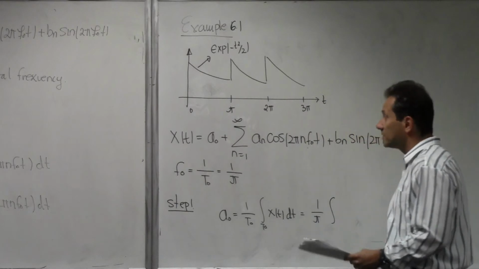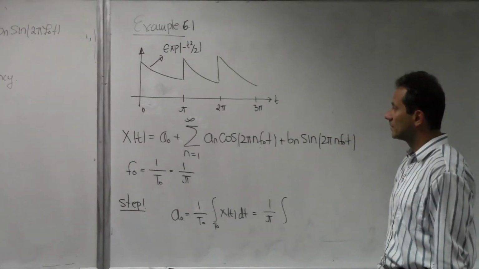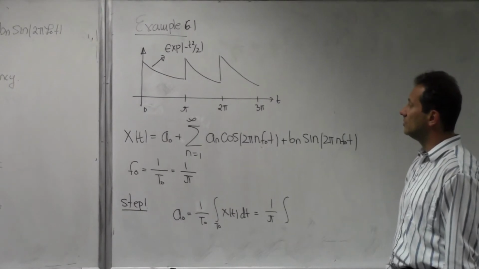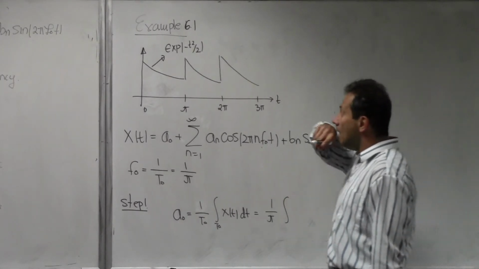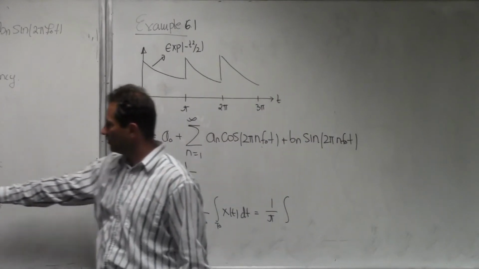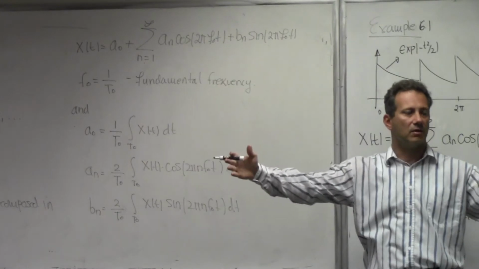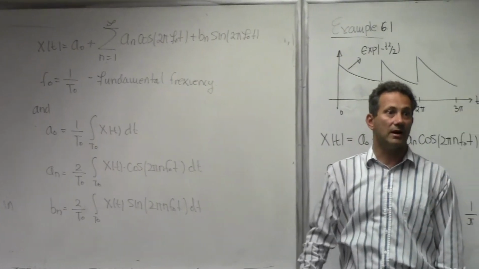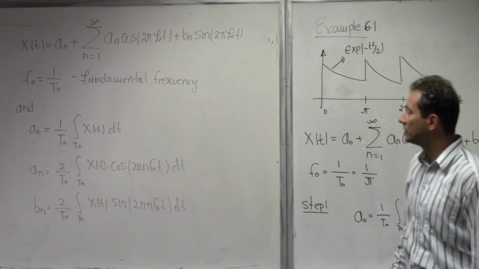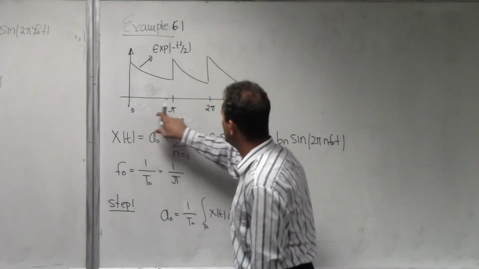Now, the question is from where to when to integrate. That will come naturally with you doing several problems. But the formula says, and this is what it means when I say integrate over T0, any length of T0 is fine. So you tend to choose the one which is easier to calculate. In this case, I'm going to choose from 0 to pi.